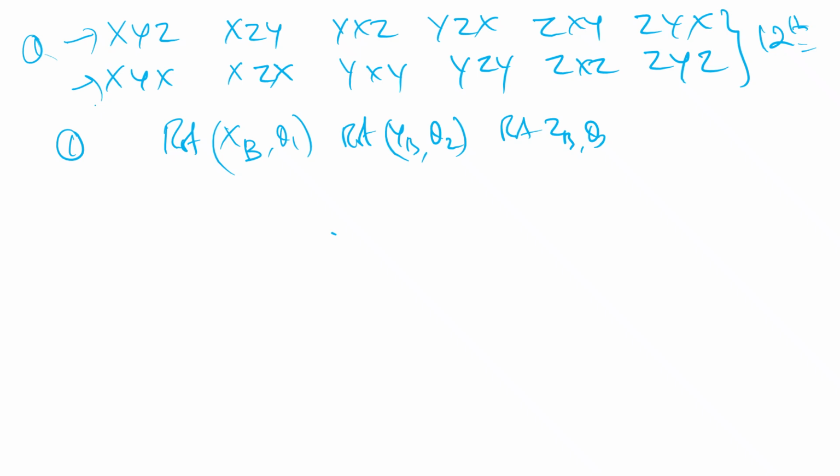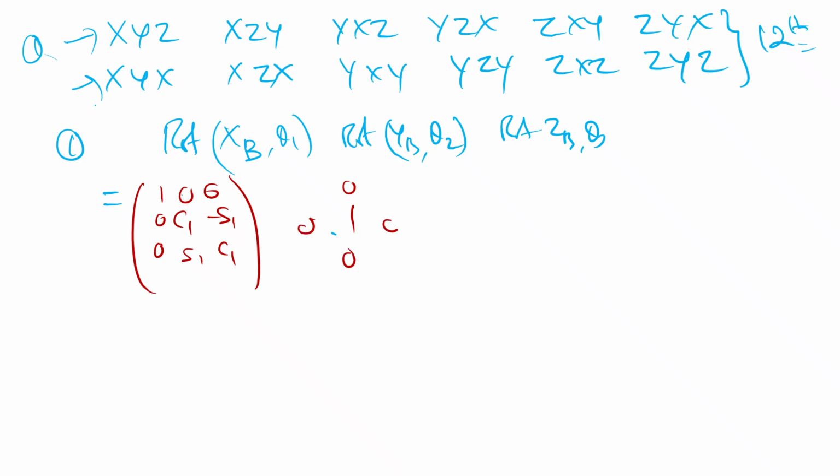Here, let me substitute the values. This is X, so 1, 0, 0, 0, 0. Here C1 is cos theta 1, then minus S1, S1, C1. It's only the rotation; we don't need the translation part. Then here 0, 1, 0, 0, 0, C2, S2, and minus S2 and C2.